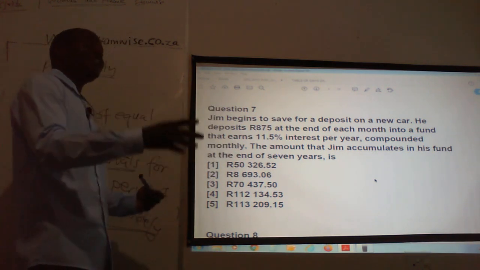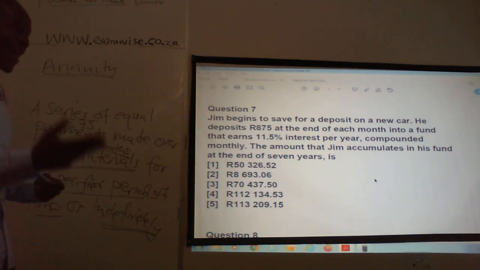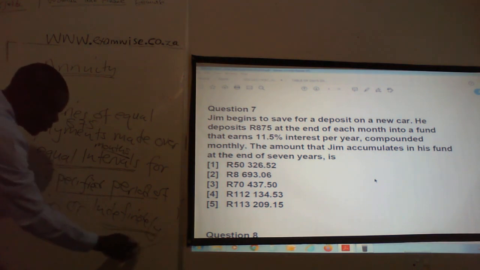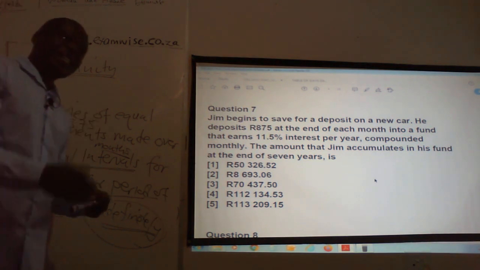You will be depositing a certain amount forever, meaning the time in years will not be given. As we go, we shall also cover an annuity where payments are made indefinitely. So an annuity can be defined as a series of equal payments made over equal intervals.